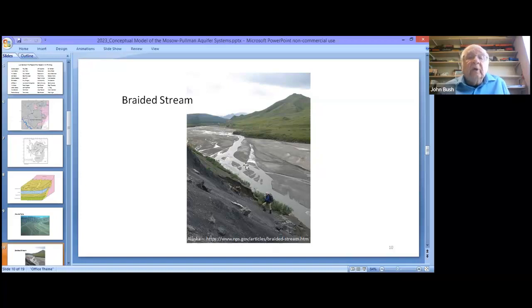But coarse-grained, intermixing channels, and once again, thousands of channels. This situation would have been created 25 times for the whole Moscow-Pullman Basin, 10 times for where we get most of our water from, which is the R2.